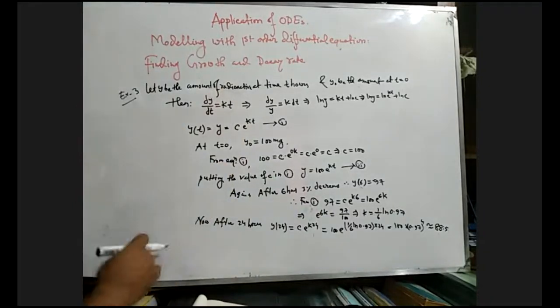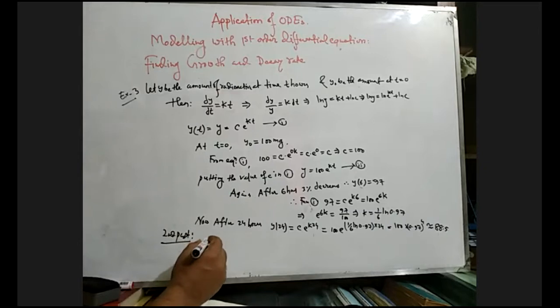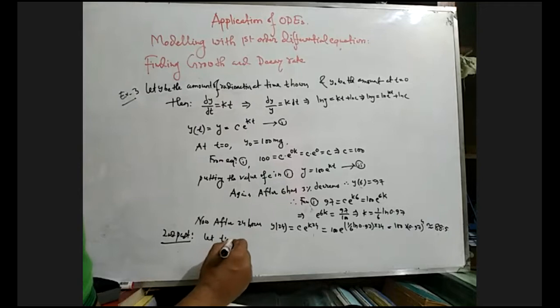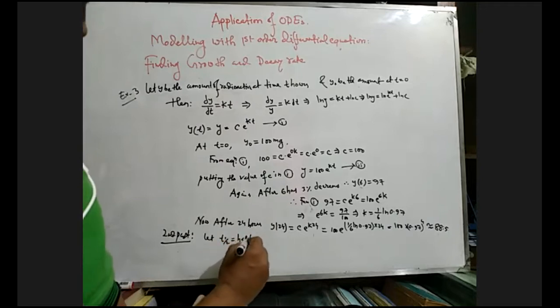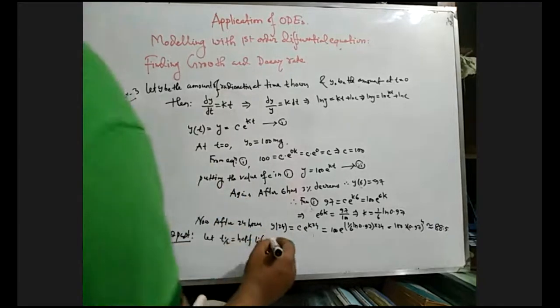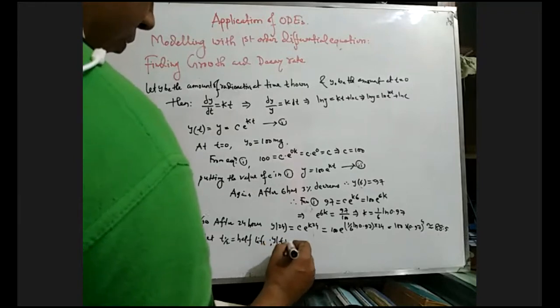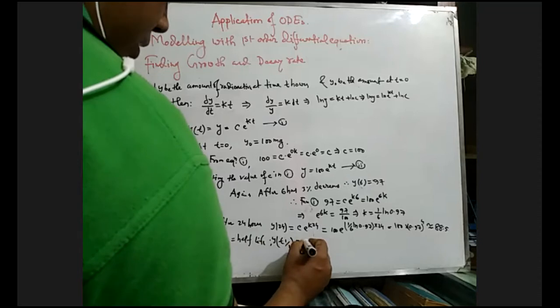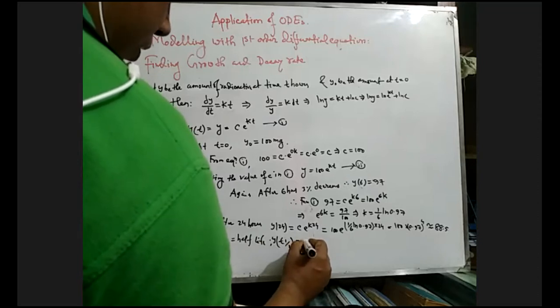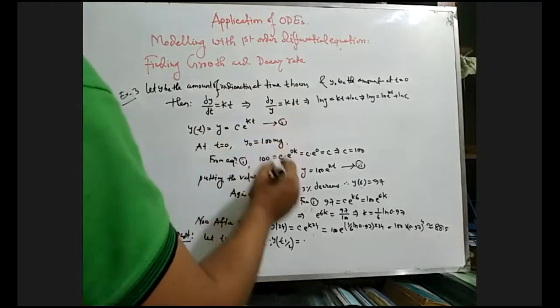Now, second part. Let T half equal the half life. We have to find out the half life. So at T half, the amount of substance, what will be? Reduced to half. Okay, that means the amount was what? 100.